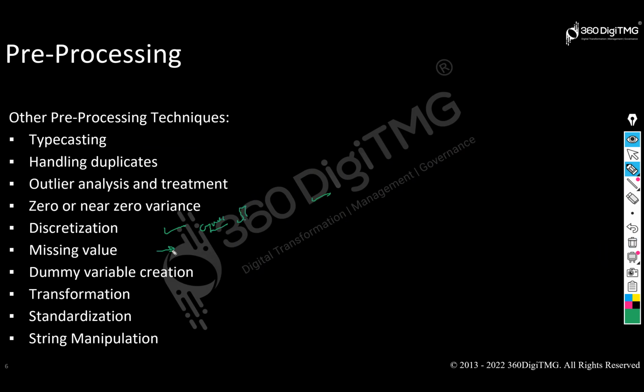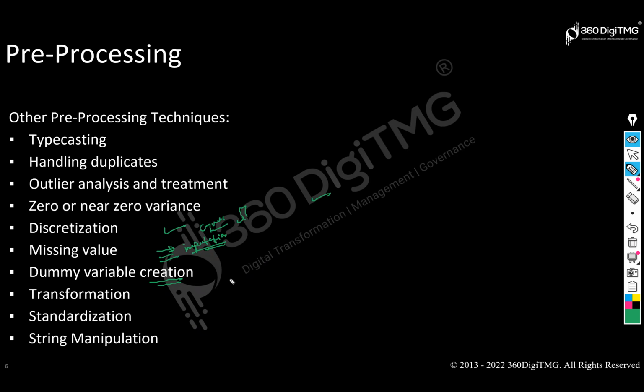Missing values. When we have missing values or null values, what we will do is some imputation on it. Then dummy variable creation. We'll create dummy variables using label encoder. A lot of encoders are there.